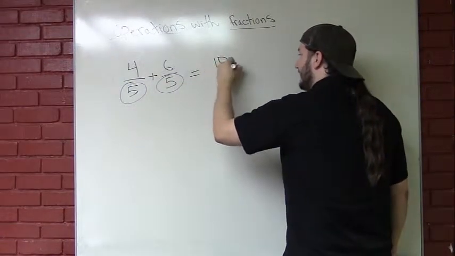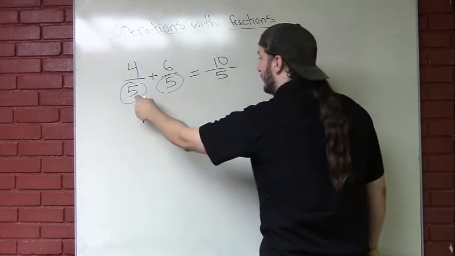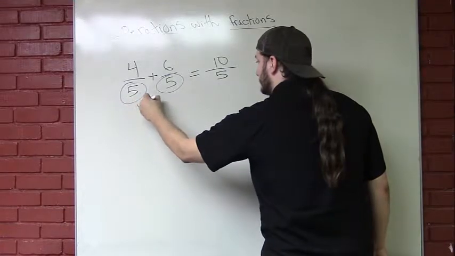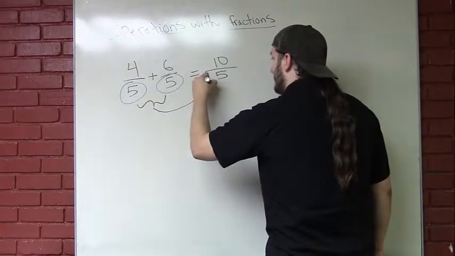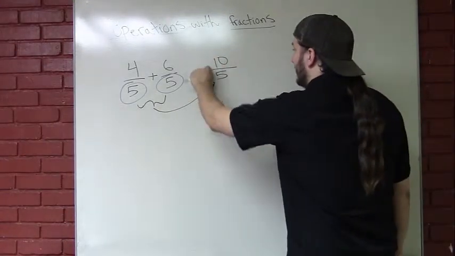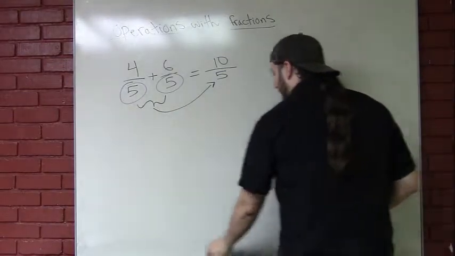4 plus 6 is 10, divided by, you just carry that number over. Since they're the same, you just put that number there, okay? And then you always have to look at your answer and see if you can reduce it. Can you reduce that by anything?